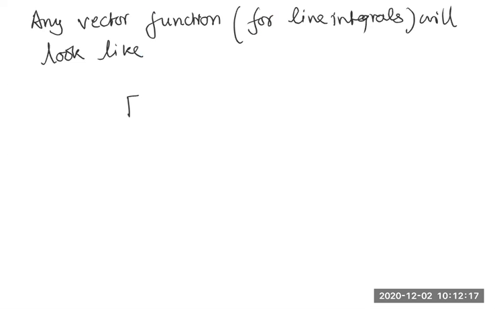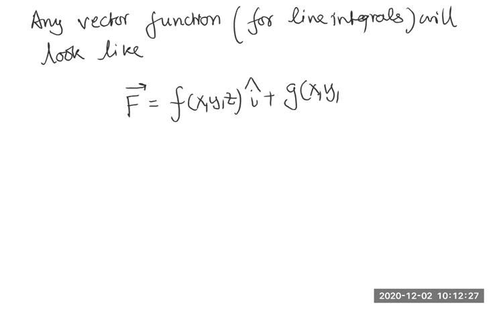So it will look like f is equal to some function of x, y, z i cap plus some other function of x, y, z j cap, sorry, plus some other function of x, y, z k cap. See now this is multivariable algebra, right? And I'll show you how this works.